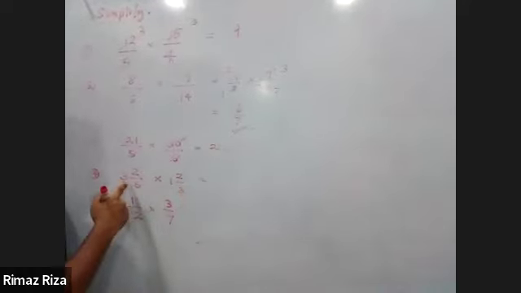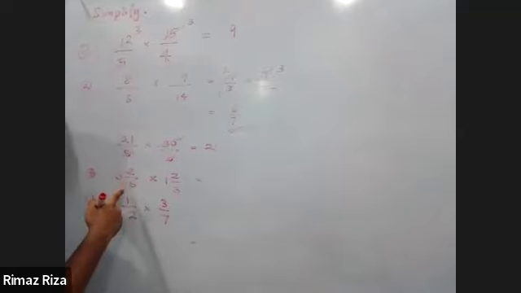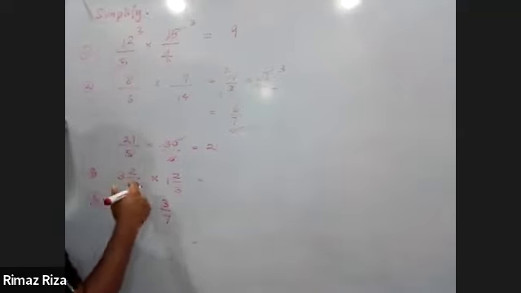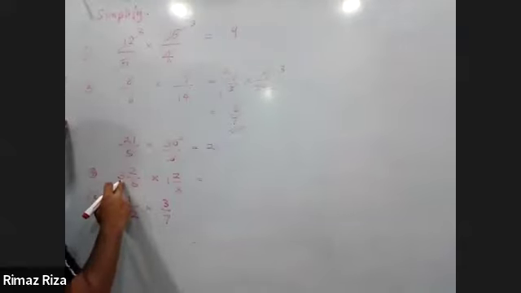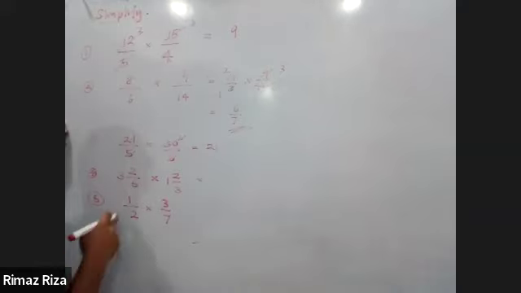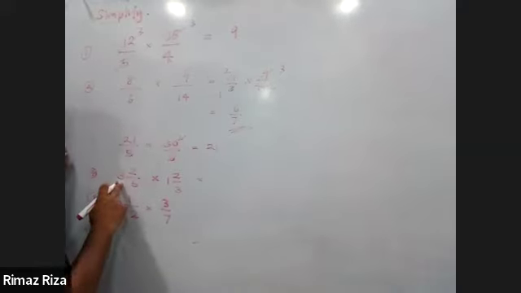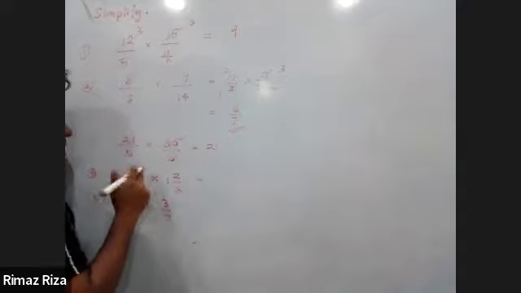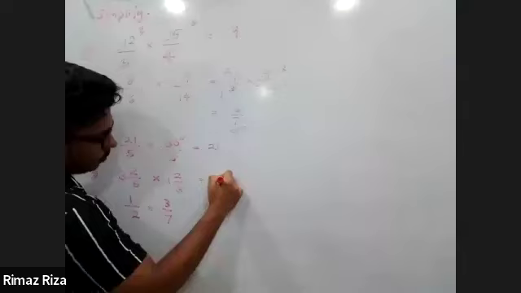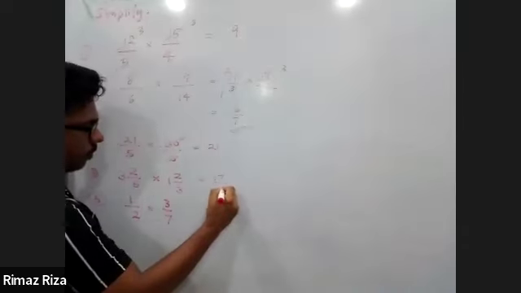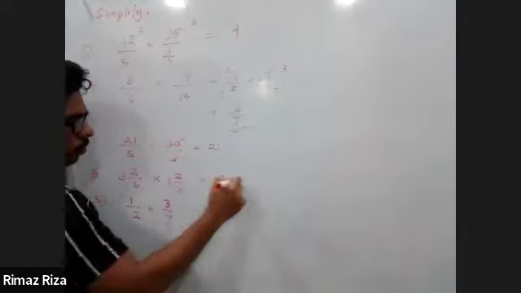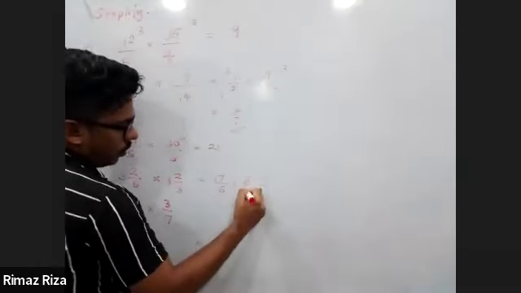Here first we want to convert the mixed number to improper fraction. So 5 into 3, 15, 15 plus 2, 17 over 5, multiplied by 3 into 1, 3, 3 plus 2, 5, 5 over 3.